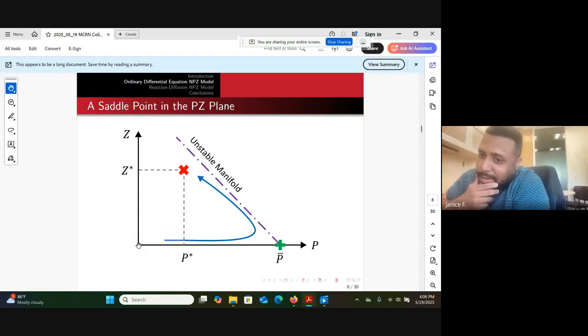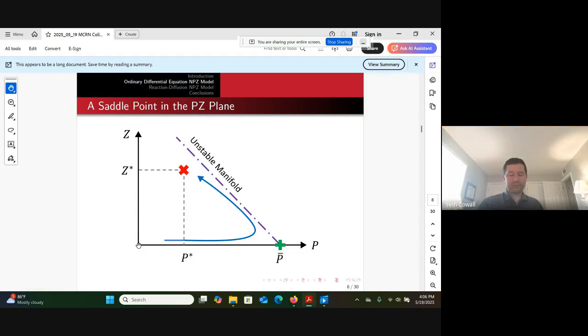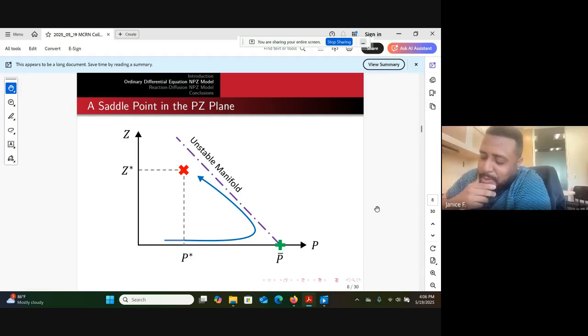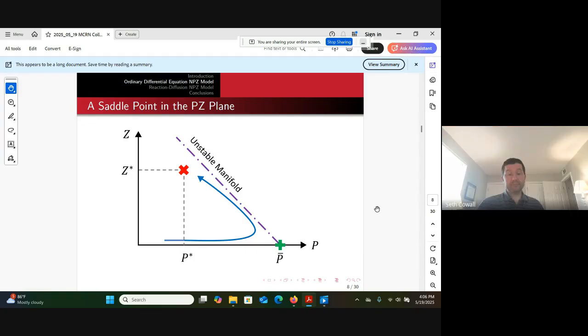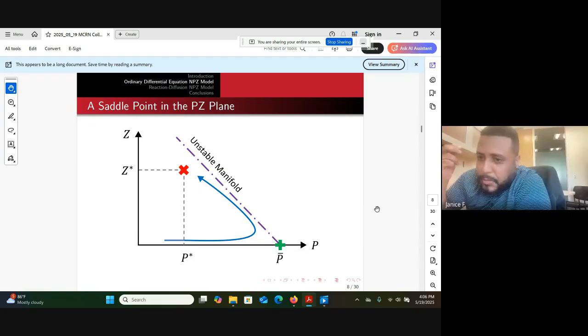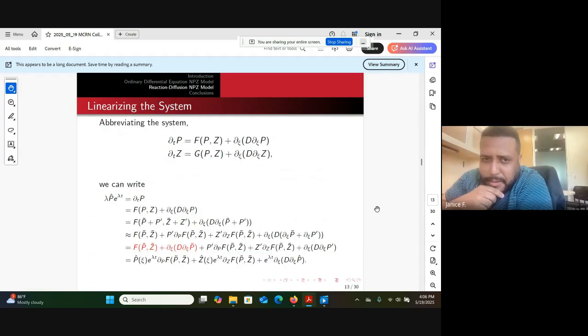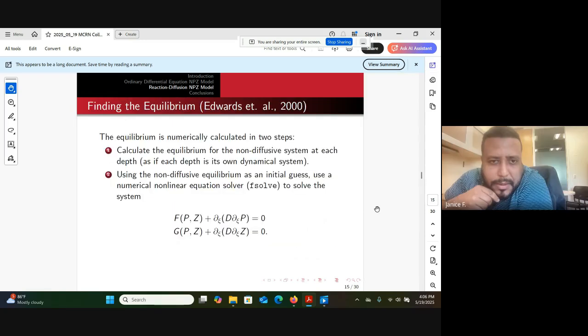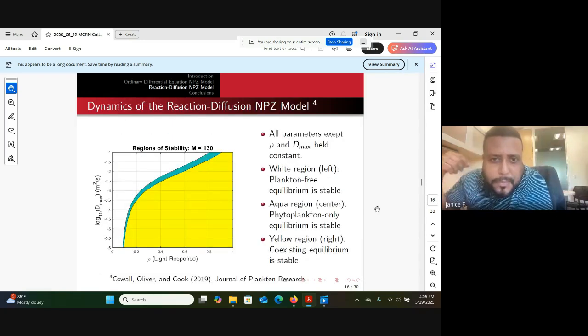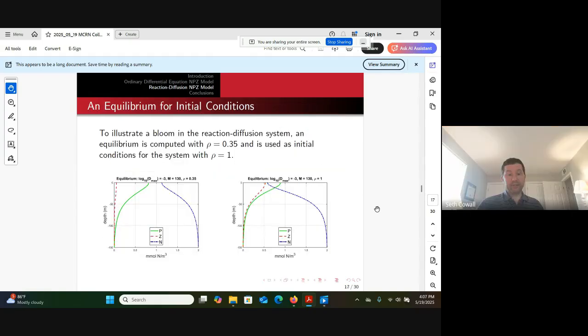May I ask one last question? Sure. So when you're computing the steady state solutions, if you go back all the way at the end, where you had those steady state solutions computed, right here.